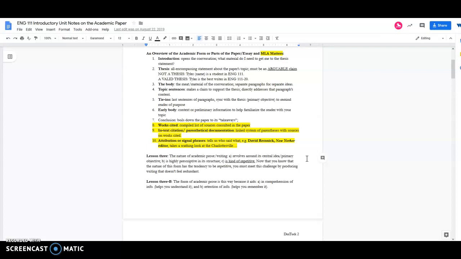For example, if I were to say, Tyler is a student in English 111, well, that doesn't really need a discussion or a paper to prove. It's just a statement of fact. But if I were to say that Tyler is the best writer in English 111, well, then that would require some type of criteria. I would need to break that discussion down.